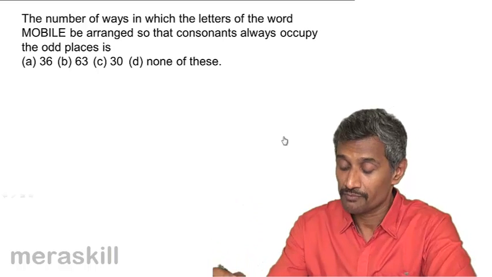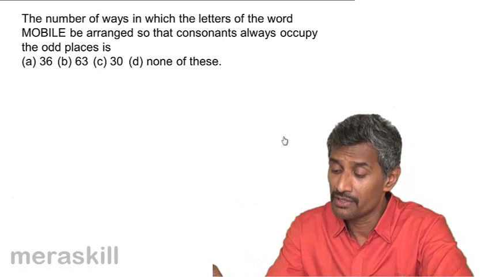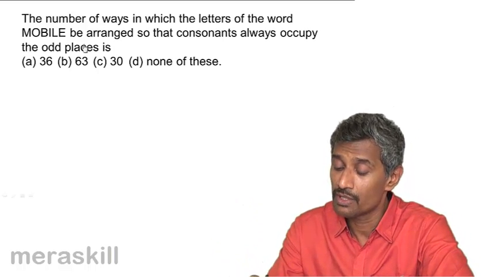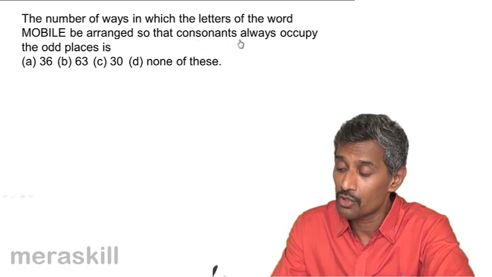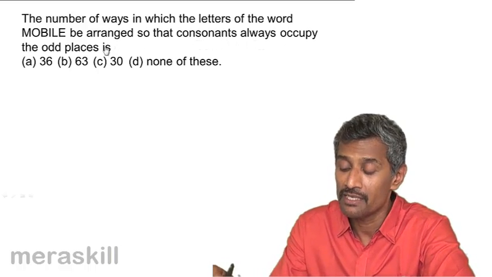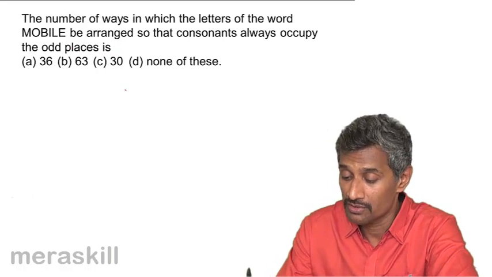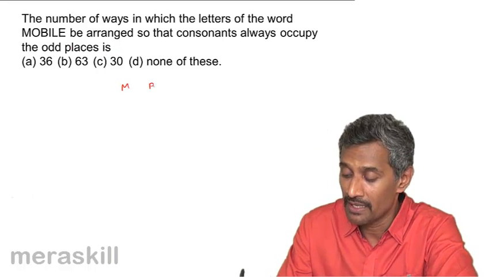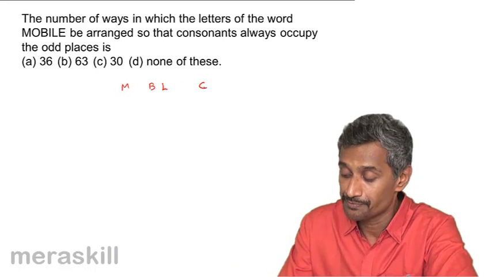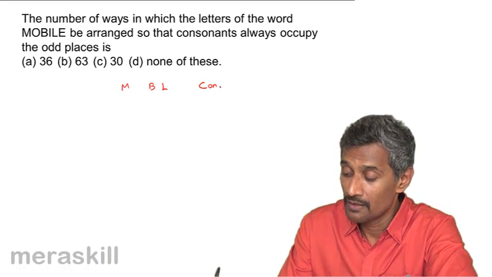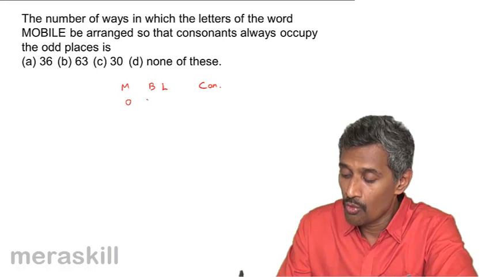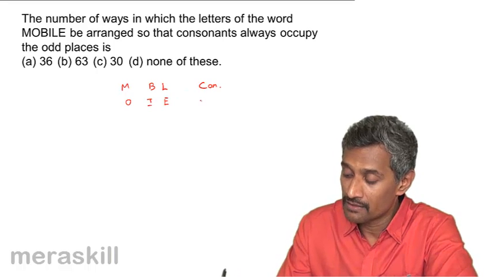Okay, now we have a situation. The number of ways in which the letters of the word MOBILE can be arranged so that consonants always occupy the odd places. So how many consonants do we have? M, B and L are the consonants, and O, I, E are the vowels.